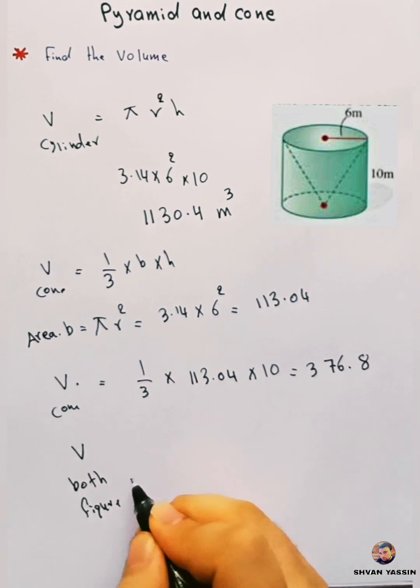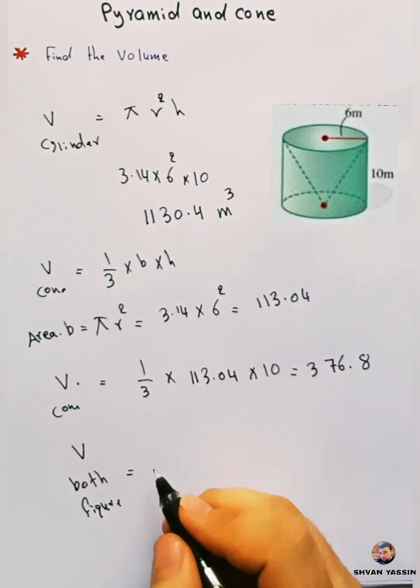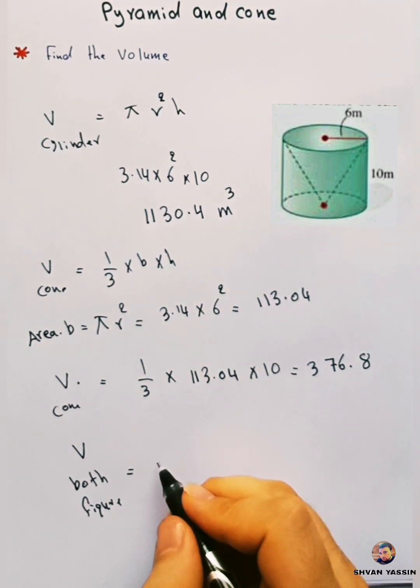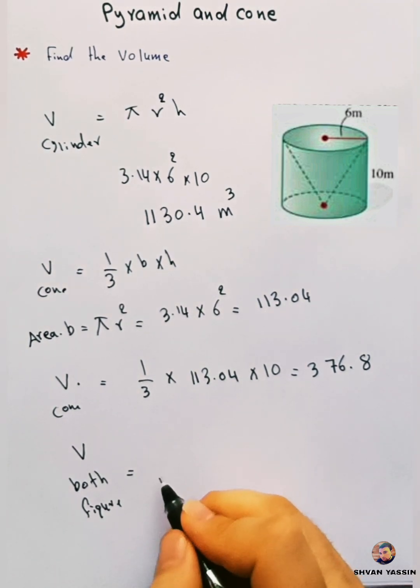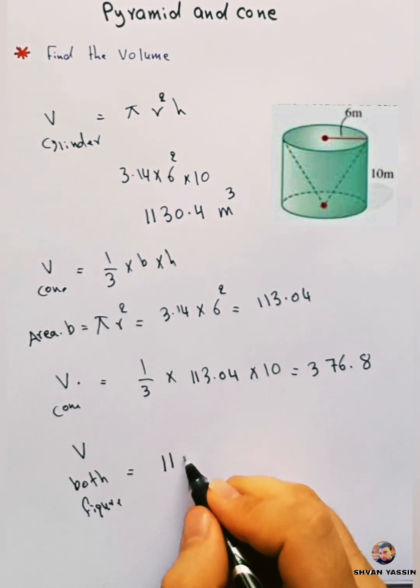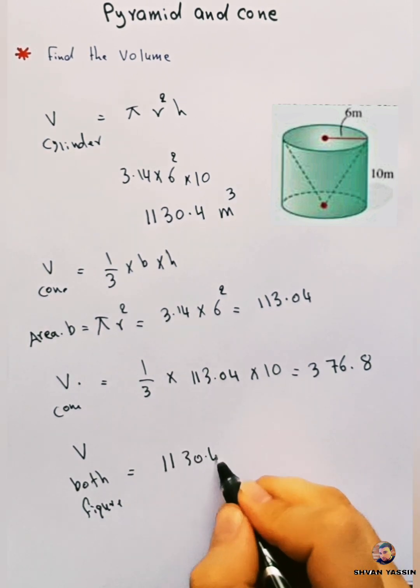After that, the volume for both figures is equal to the volume for the cylinder, 1130.4.